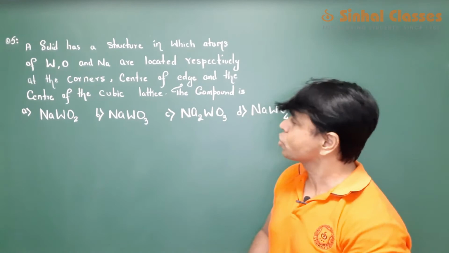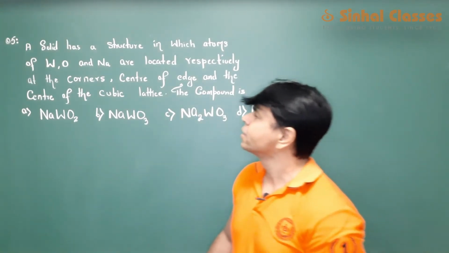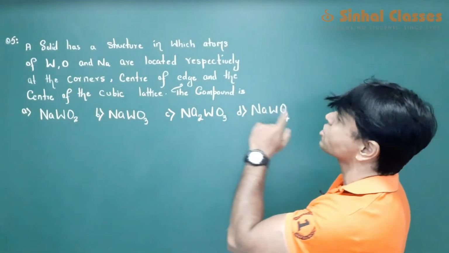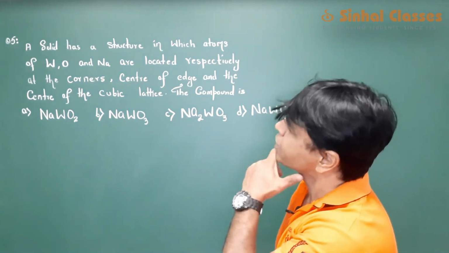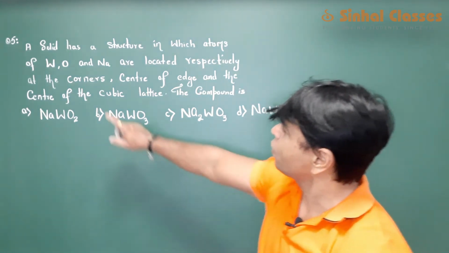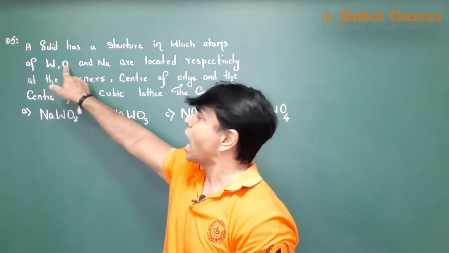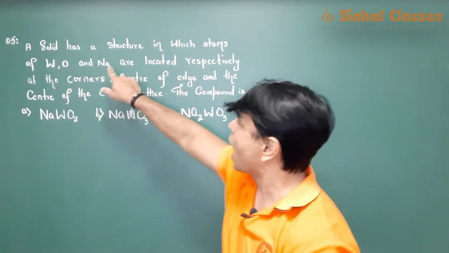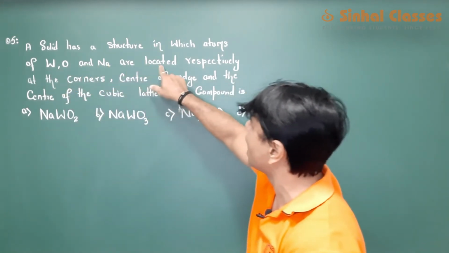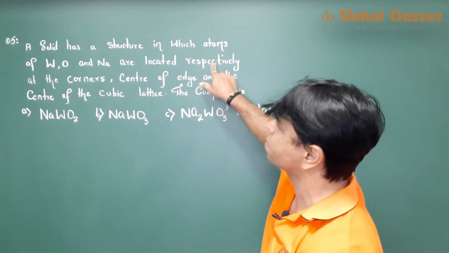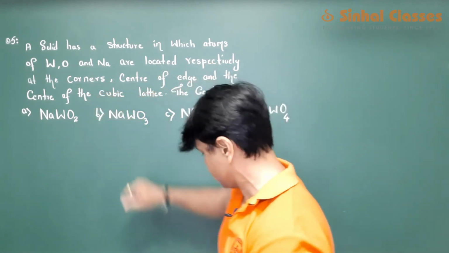Now let's see this question now. It says a solid has a structure in which atom of tungsten, atom of oxygen and atom of sodium are located respectively at the corners.